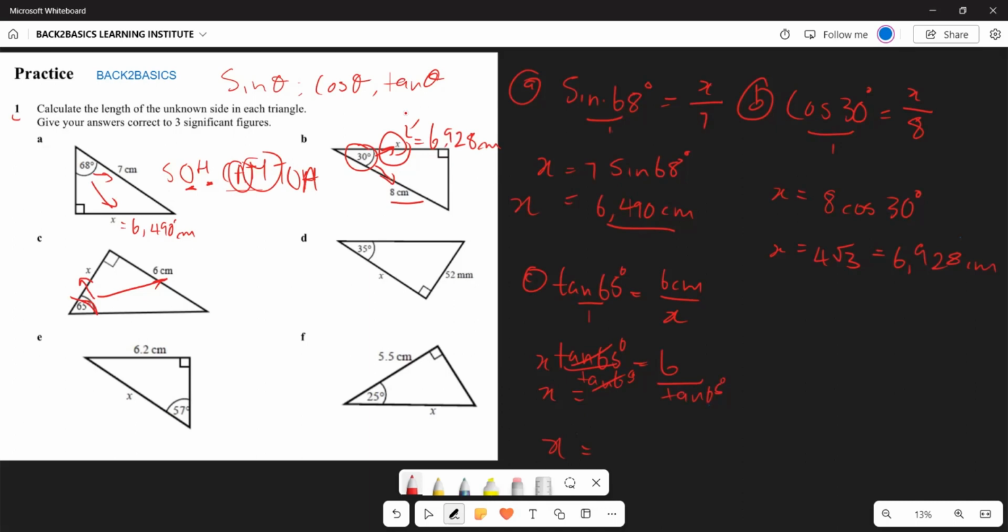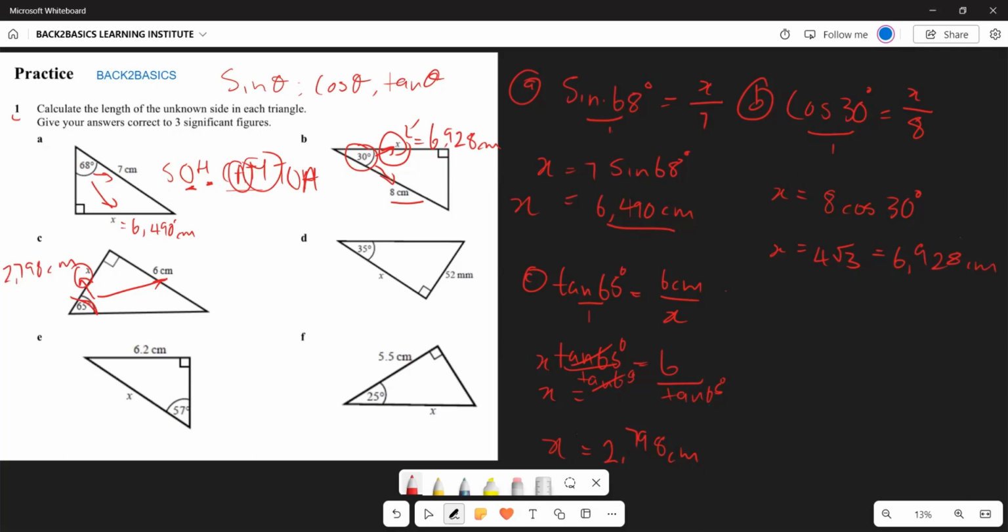And the answer for that, which means your value of x, is going to be 2.798 centimeters, right? So your unknown value of x here is 2.798 centimeters, right? Hopefully this makes sense, right?